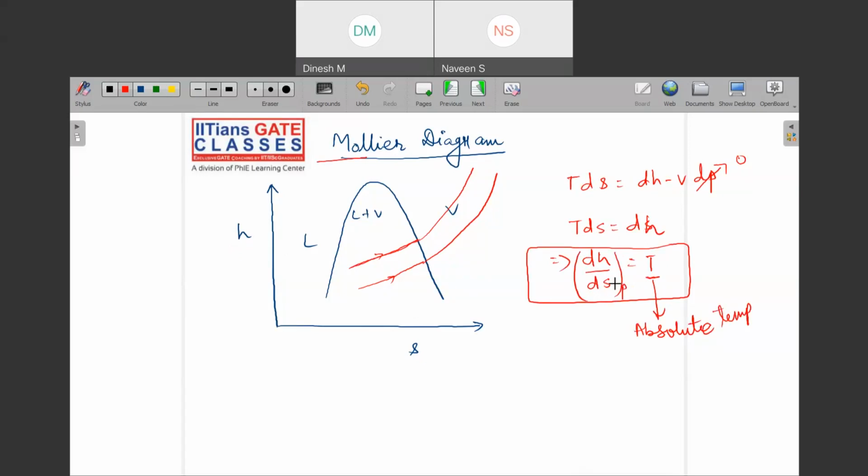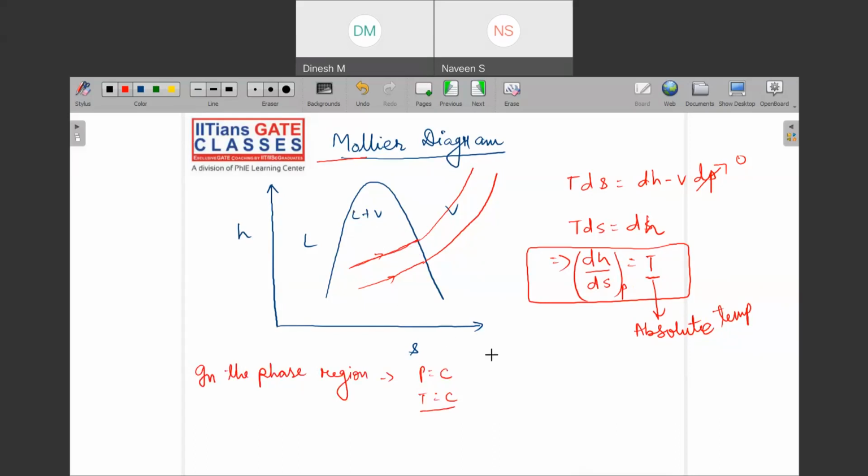And in the phase change region, pressure and temperature are dependent properties. If P is constant, then T is also constant, because these are constant pressure lines. So the temperature will also remain constant.